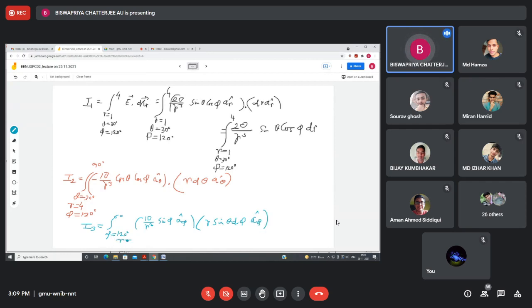In doing so you need to evaluate this with r equal to 4 constant and theta equal to 90 degree.